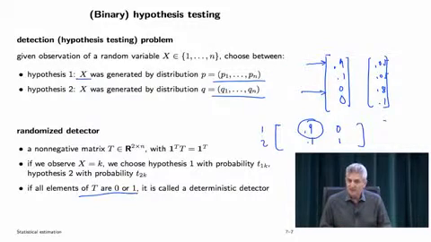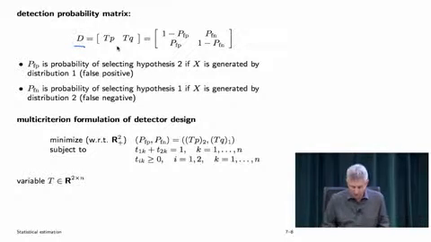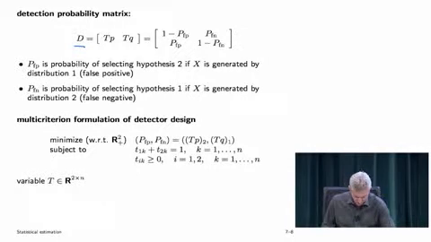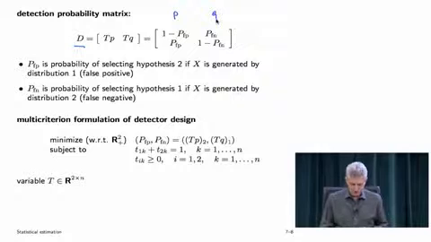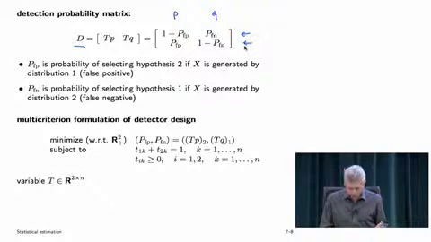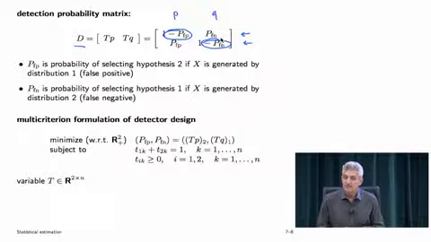So how do you choose that detector? Well, there's a detection matrix: you simply multiply T on the left by P and Q, and you get a 2 by 2 matrix. And the entries can be interpreted in a very interesting way. They're basically the probabilities of error. If P is the true distribution, this tells you the probability of selecting the correct one, right?